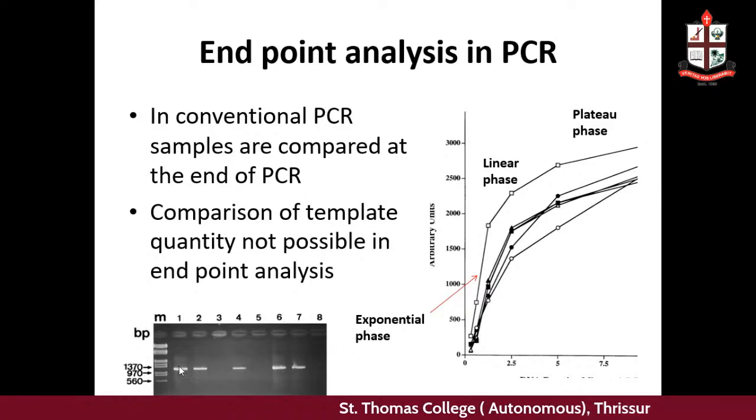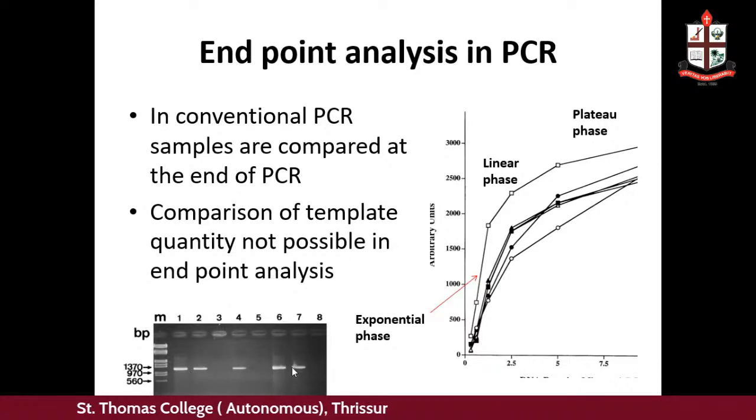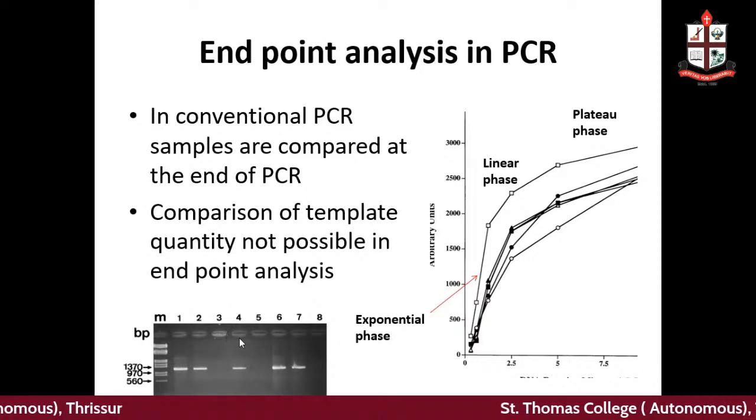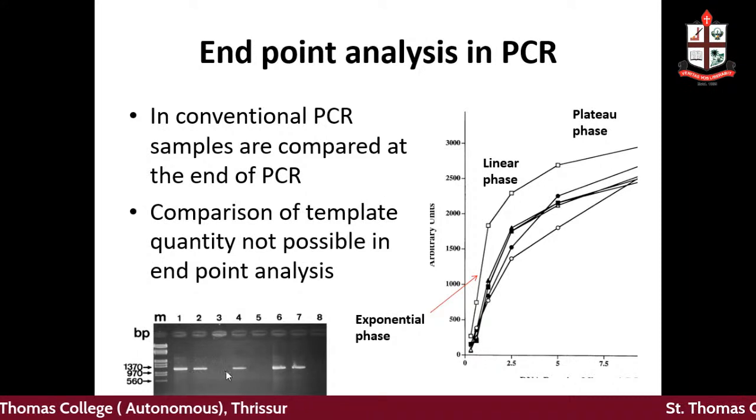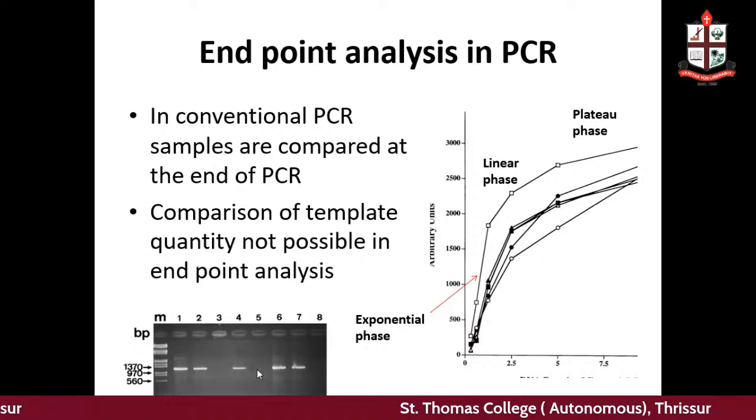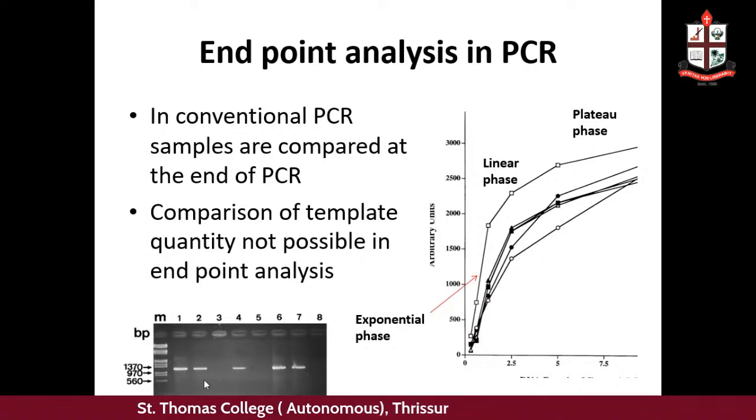What I mean is, if we have done a PCR with different templates for a particular gene or marker, each of these is the PCR product from a particular sample. Here we know that in 2 of these samples, that is 3 and 5, the gene is not present, and in all other samples the gene is present.